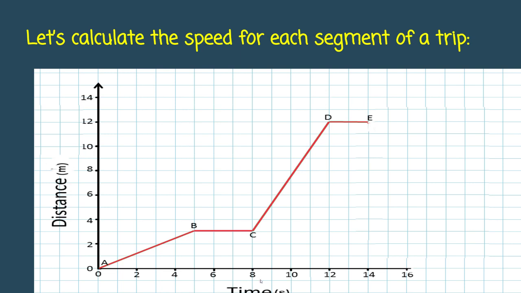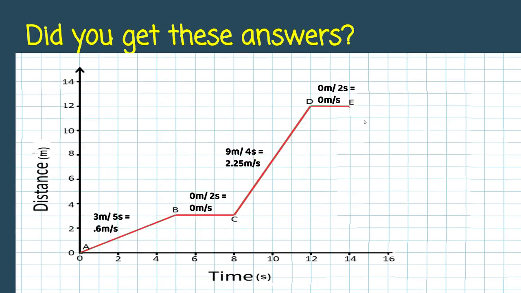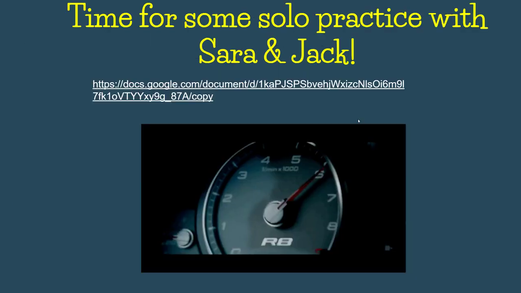So 12 seconds minus 8 seconds, okay, that's 4. So we would do 9 divided by 4. And so our speed here would be 2.25. And then our speed for our last section, from D to E, well, guess what? It's still 0 because I'm not going anywhere. Alright, so we got 0.6, 0, 2.25, and 0.